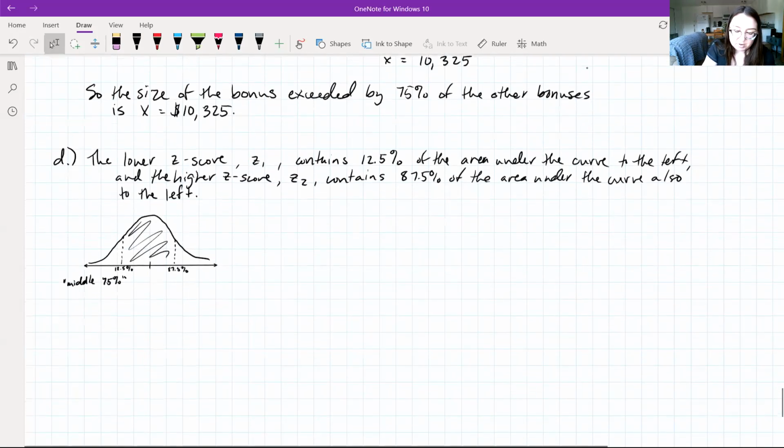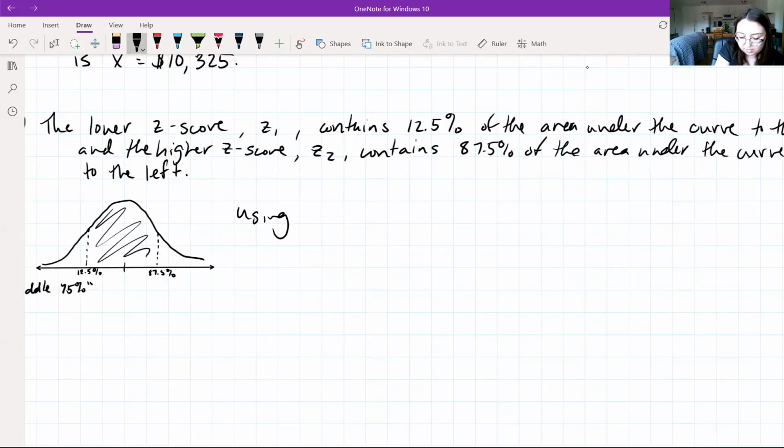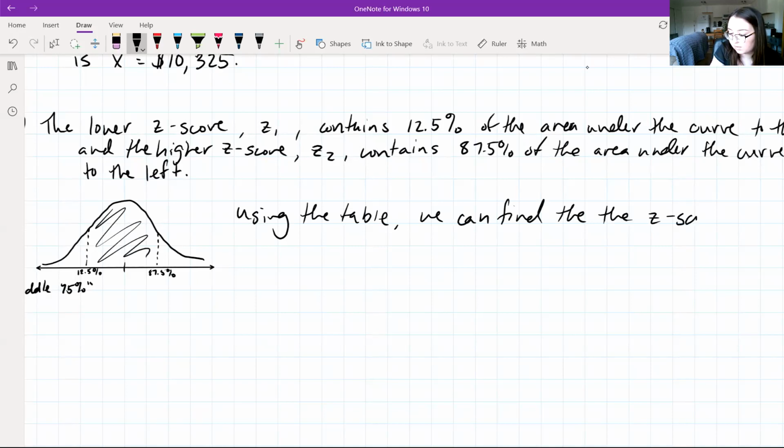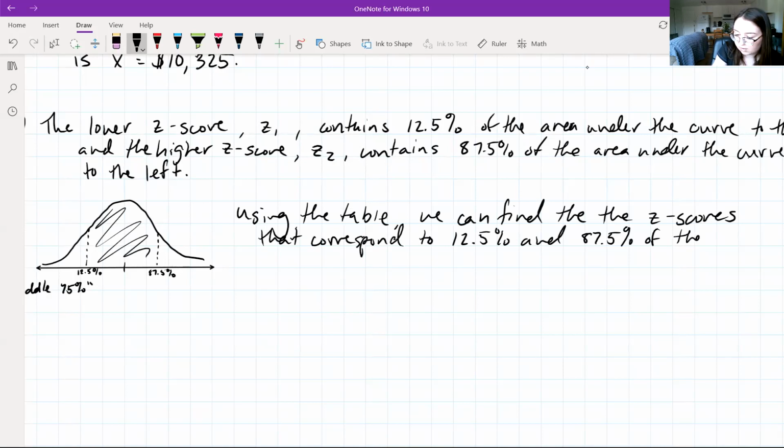All right, so then we can say, using the table, we can find the z-scores that correspond to 12.5% and 87.5% of the area under the curve.